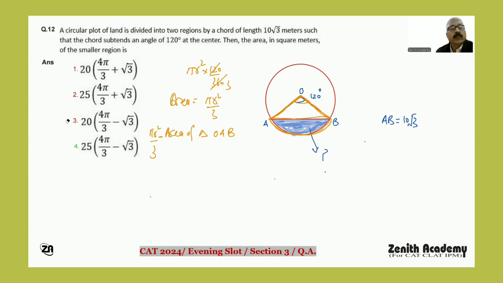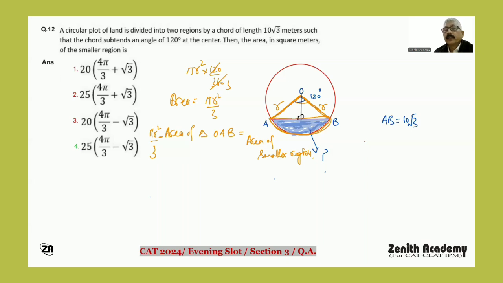This will be the area of the smaller region. Okay. So pi r square, where r is the radius of this circle. Now very simple, find the area of triangle OAB. Look here, all of you know the basic property: if I drop a perpendicular from the center to the chord, this perpendicular will divide the chord into half.